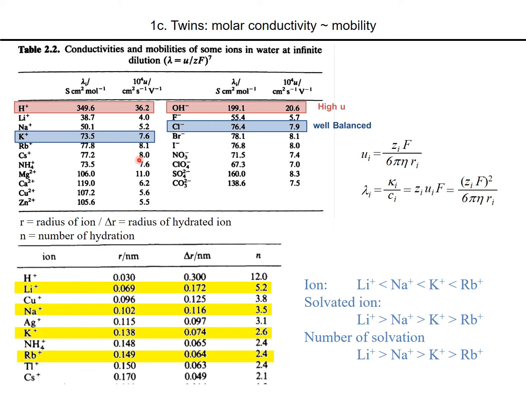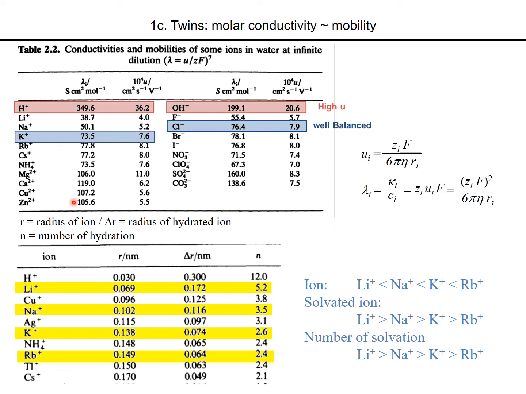But our equation is saying it's not like that. I mean, if you have a larger size of your charged particle, then you have a smaller value of mobility. However, as the size increases, the mobility increases. Why?